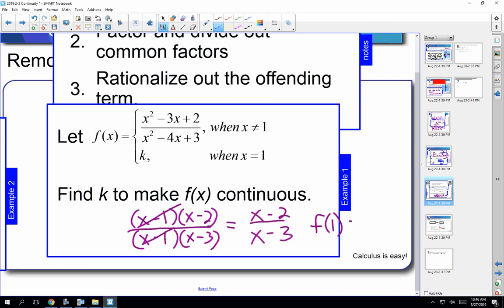But it is 1 minus 2 over 1 minus 3, with parentheses around it. Or negative 1 over negative 2, so 1/2. And so I just need to define k equal to 1/2, and that will fill in the hole.